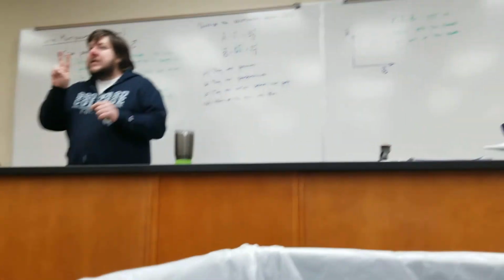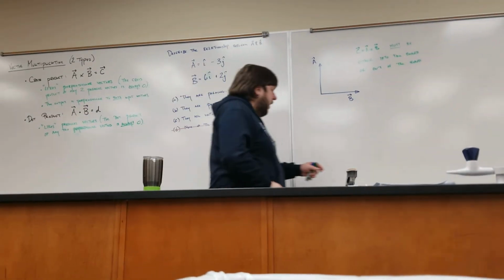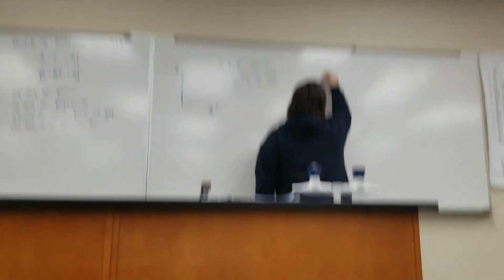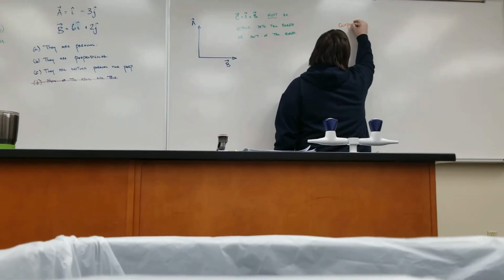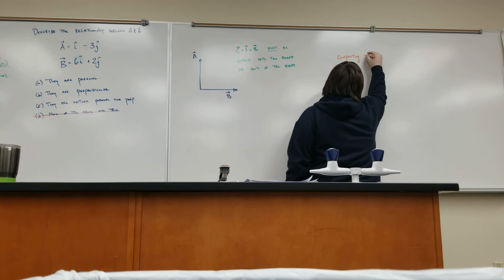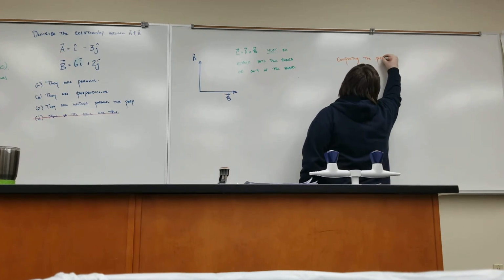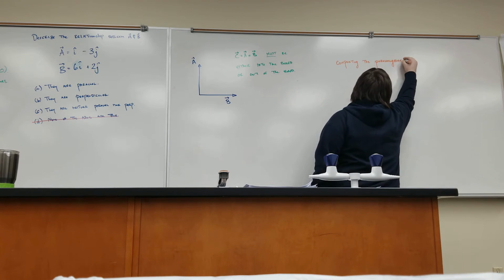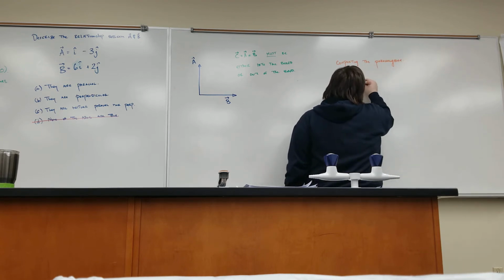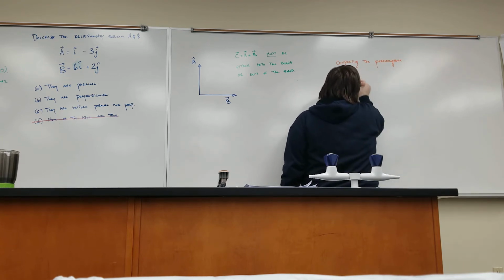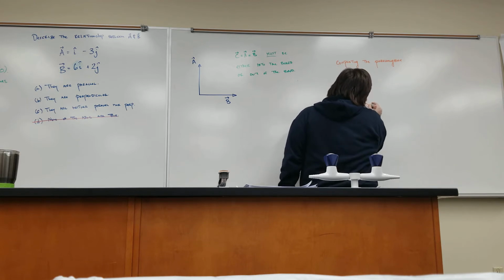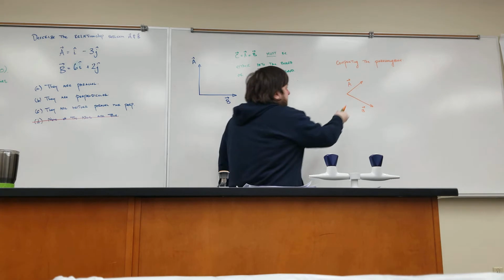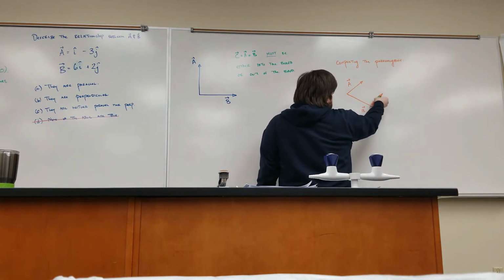Okay? Any two vectors that you choose, we talked about the idea of completing the parallelogram. So if you were to have A and you were to have B, you could imagine transporting A from here to here.